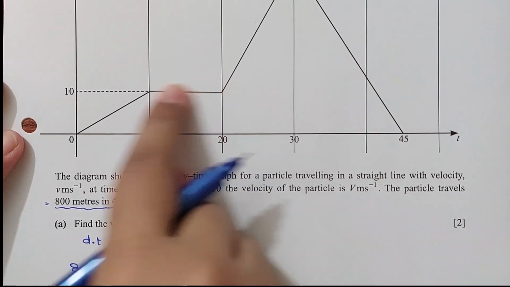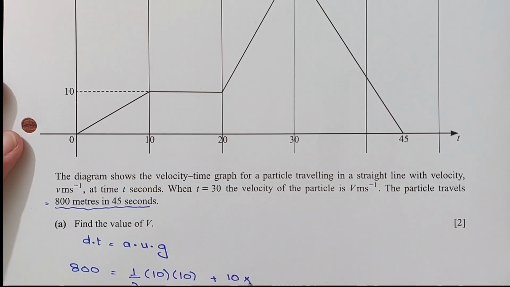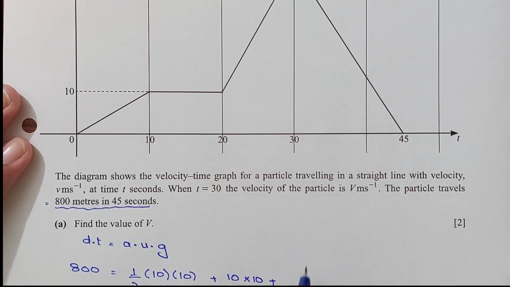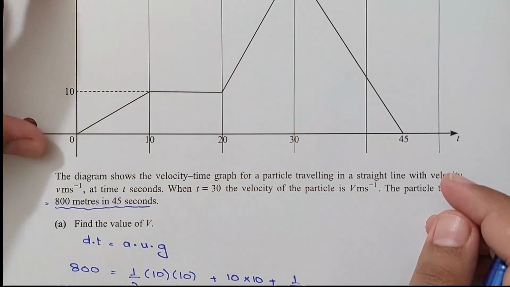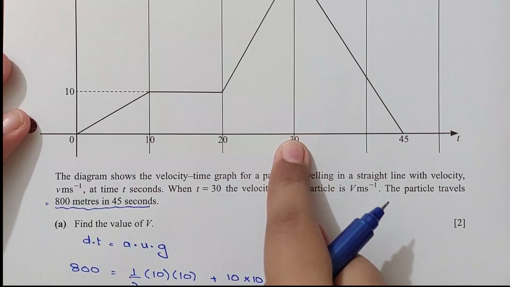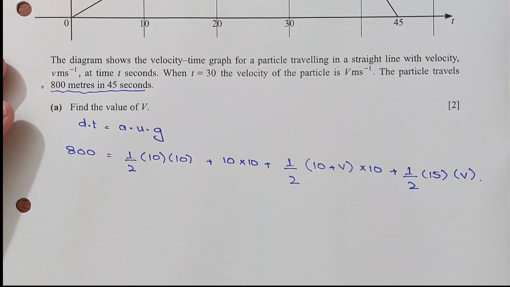Plus the area of this rectangle, base is 10 and the height is 10. So it's a square, 10 times 10. Plus the area of this trapezium, the height is 10, half the sum of the parallel sides, this side is v and this side is 10, so 10 plus v multiplied by the height, which is 10, plus the area of a triangle, this 30 to 45 is 15, half base is 15 and the height is v, right?